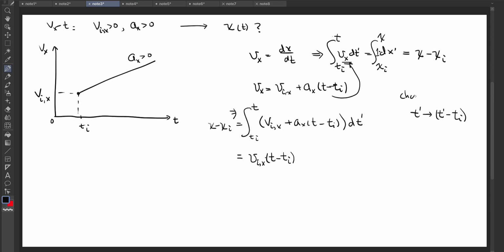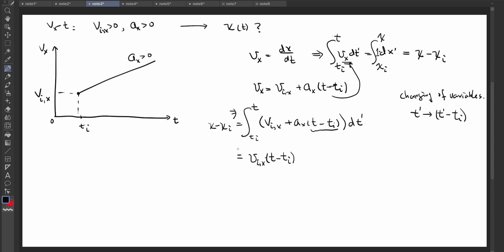So let's call it changing of variable of integration variables. And people do this all the time, right, in doing integrals. So you can regard this whole thing here, t minus ti, as a single variable.